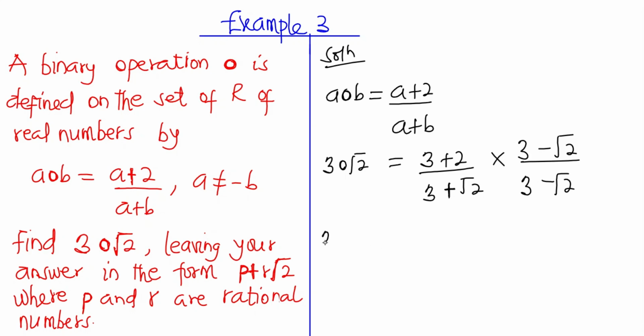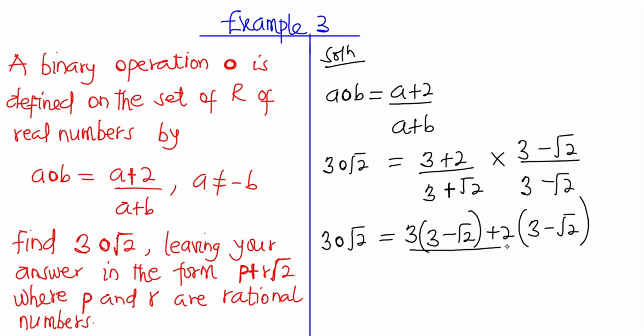So here we have 3 dot square root of 2, which is equal to, what we can do is that this 3 is going to multiply 3 minus square root of 2. So 3 multiplied by 3 minus square root of 2, and we have here plus 2 multiplied by 3 minus square root of 2, all divided by, so we come to the denominator.